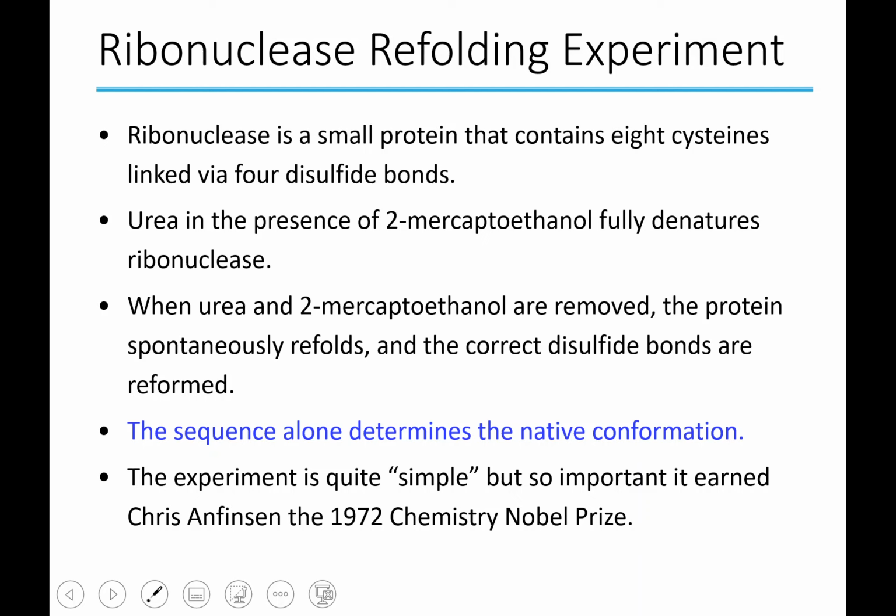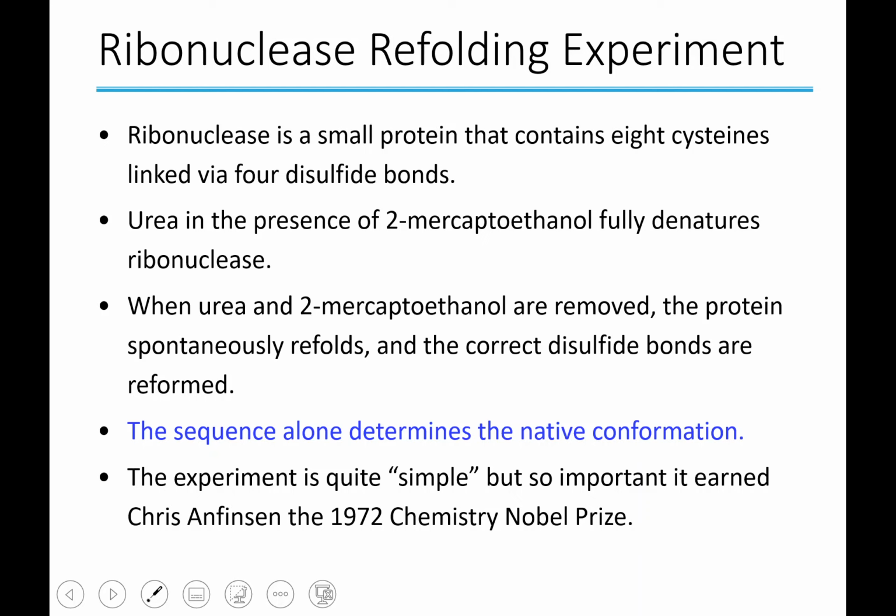Because, if it was somewhat random, or let's say when this ribonuclease was being synthesized, if something else was telling it how to fold as it was being synthesized, that wouldn't be around. When you unfold it and allow it to fold back randomly, you would think that you would get different disulfide pairings, but that's not what was seen. The same exact disulfides were formed, and it was active again.